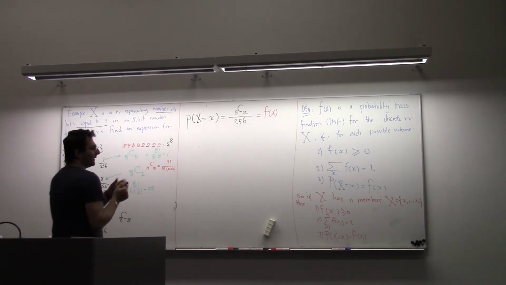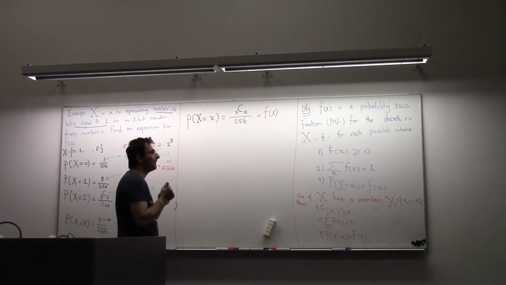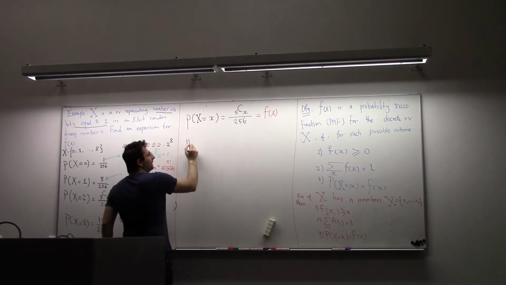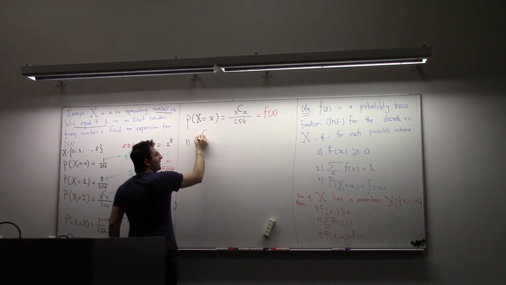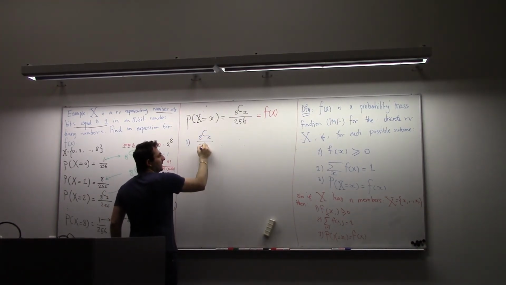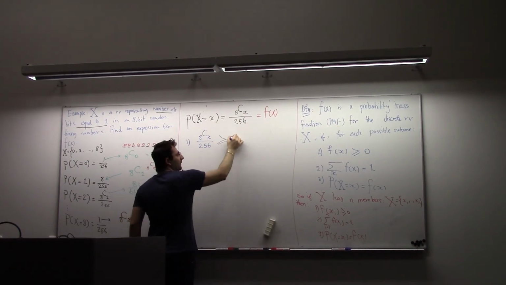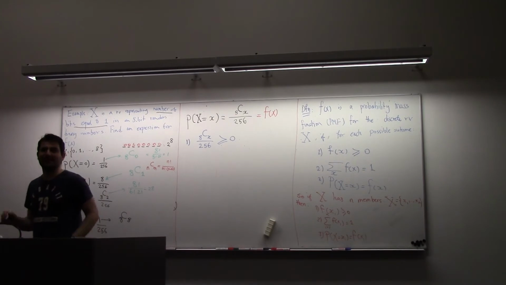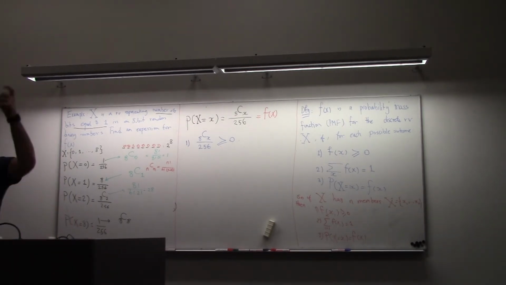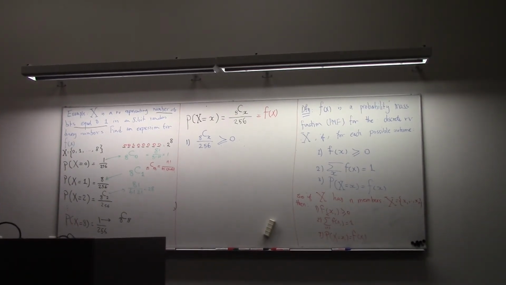Why is this our f of x? We have to check the 3 conditions. Condition 1: the combination is always positive, so this is always greater than or equal to 0, because positive divided by positive is always positive.